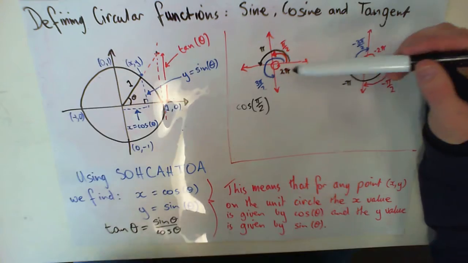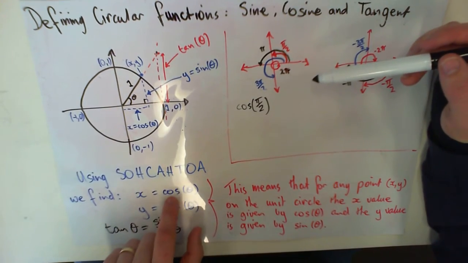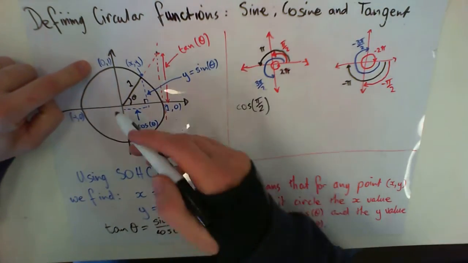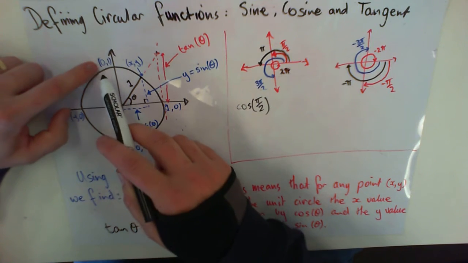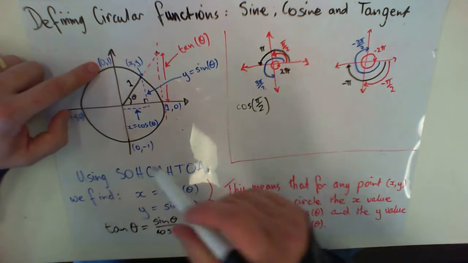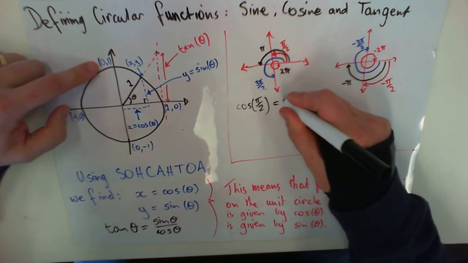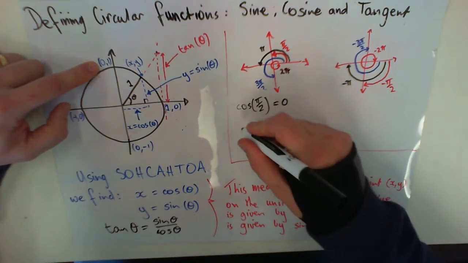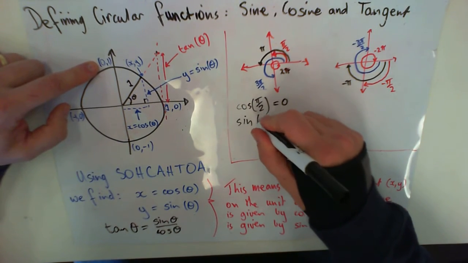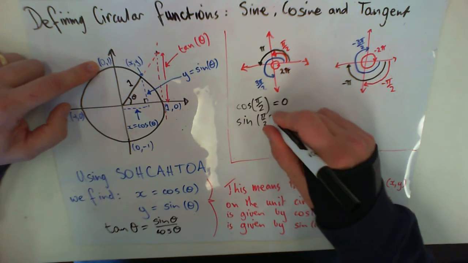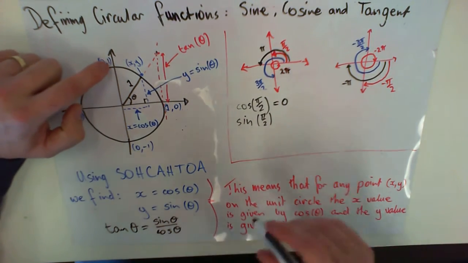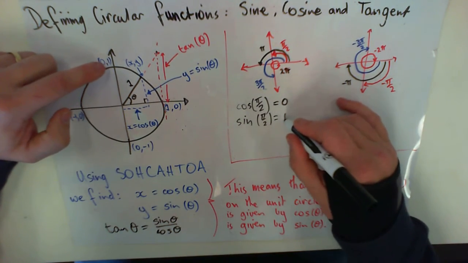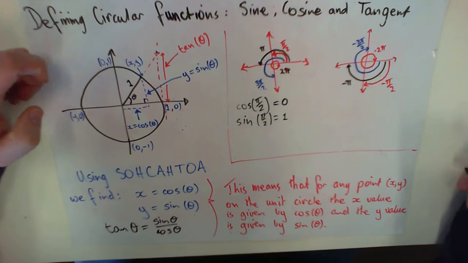Remember, cos is our x value. So if we look up here, the coordinates of this point are (0, 1). Cos is our x value, so that's 0. So cos of pi on 2 is actually 0. If we looked at the sine of pi on 2, remember that sine is our y value, so sine of pi on 2 will be 1.